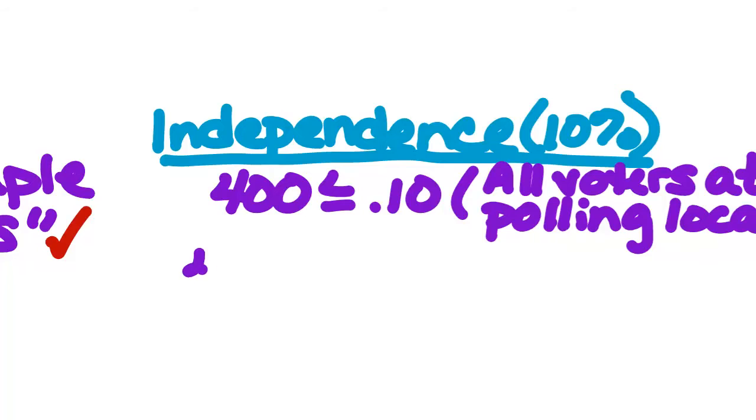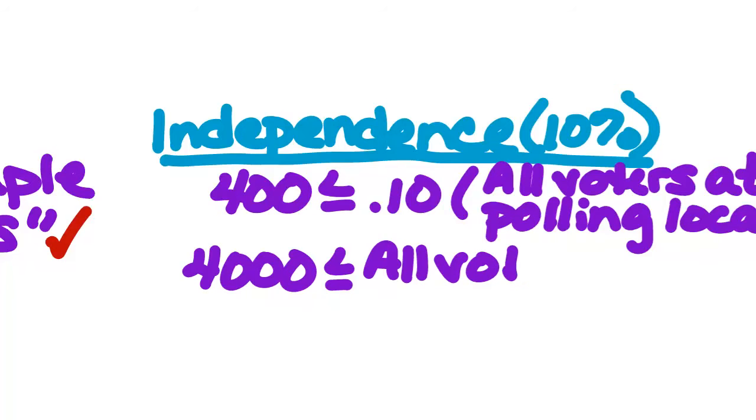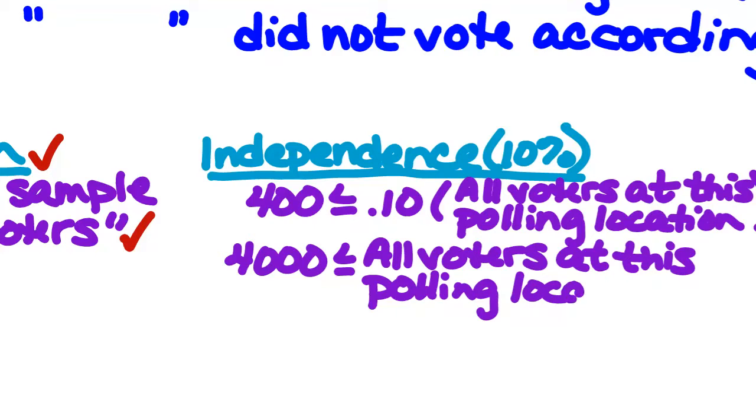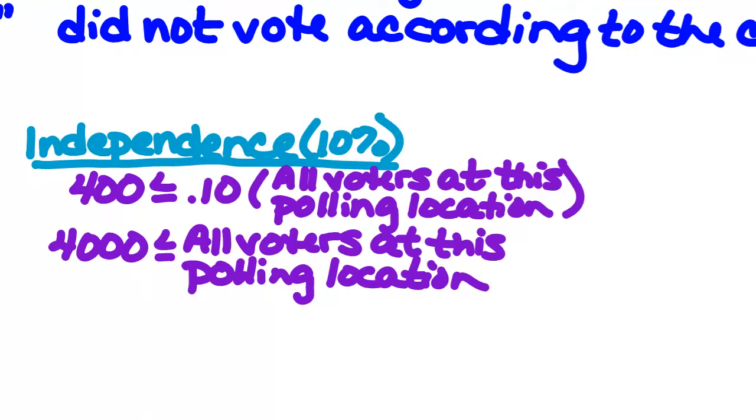Do you think it's a fair bet to say that they had at least 4,000 voters there? Yes. All right, so check off on that.